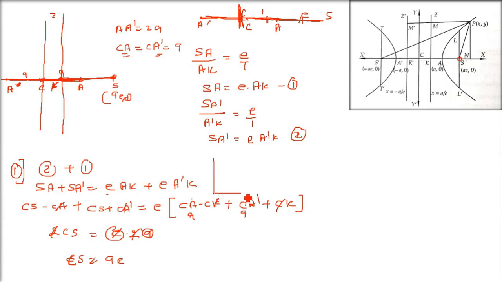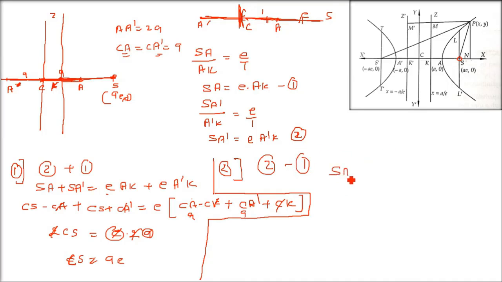Now I want the other parameter also, because I want to have an equation. So the second thing I'm going to do is to subtract these two equations. I had 1 and 2. So I will subtract 1 from 2. That means 2 minus 1 I'm going to do. What are we going to get?